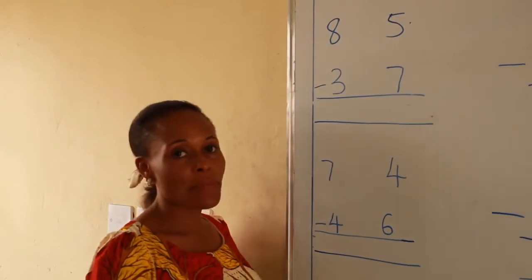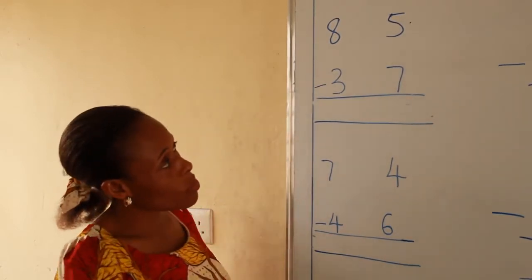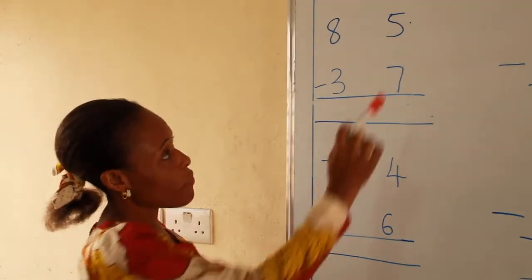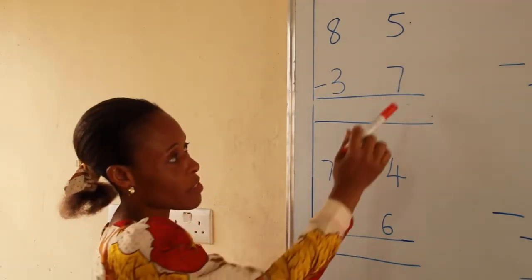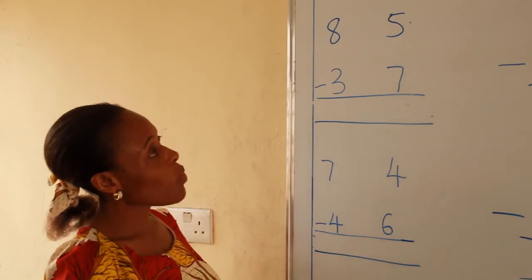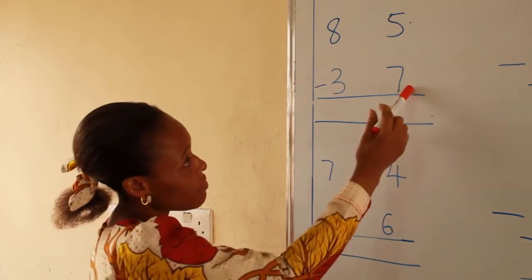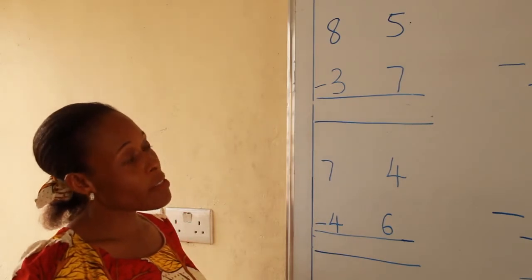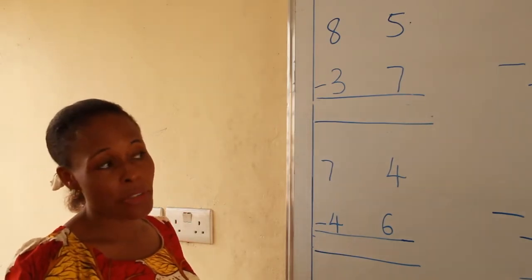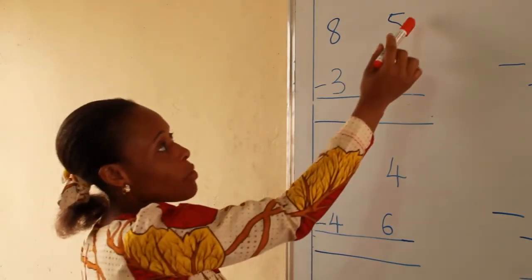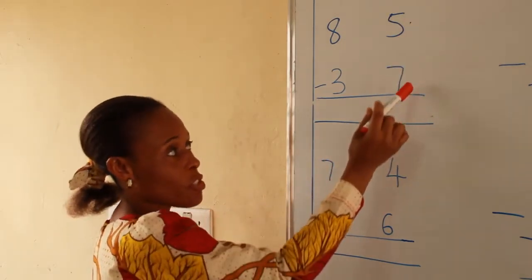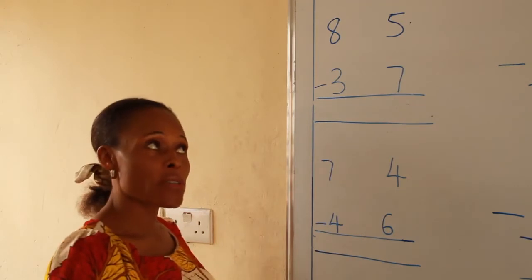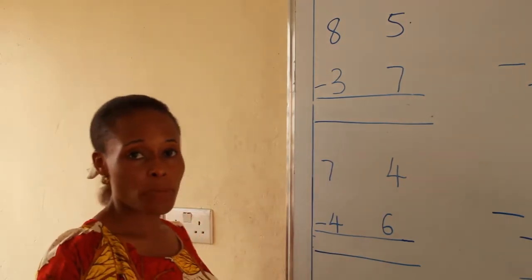So children, let's look at the examples we have on the board. This is 5 and this is 7. And we want to subtract the 7 from this 5. The last time we learned simple subtraction, we had the bigger number up here and the smaller number down here, because it was simple subtraction.